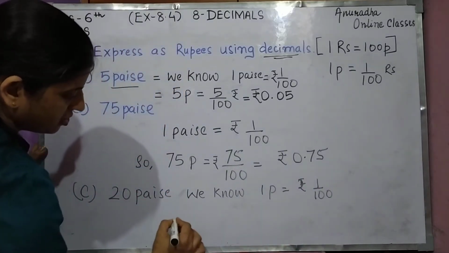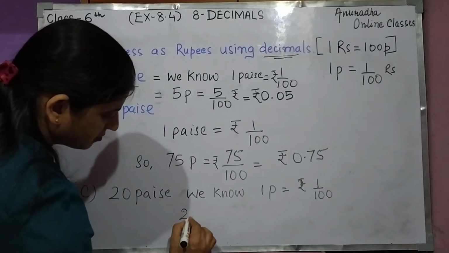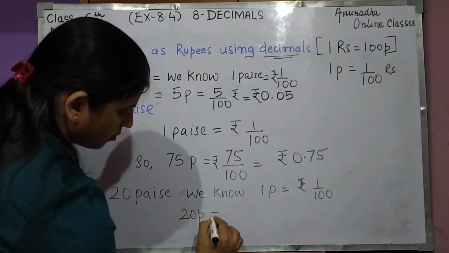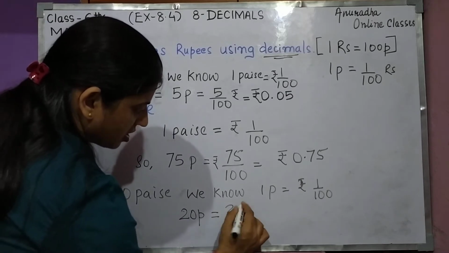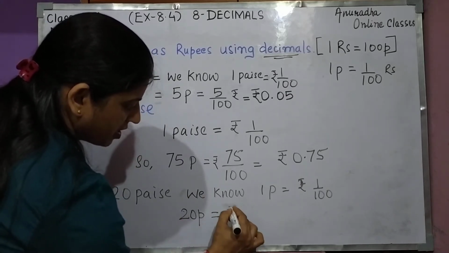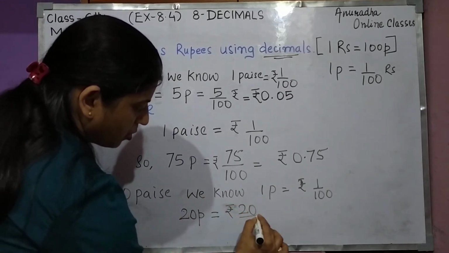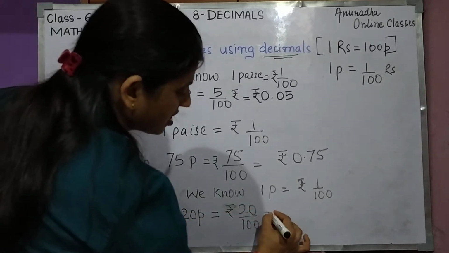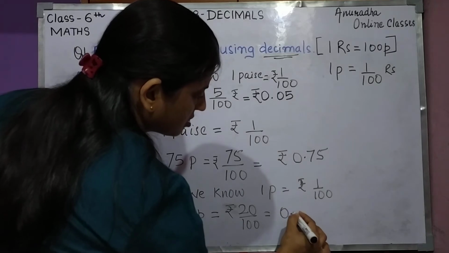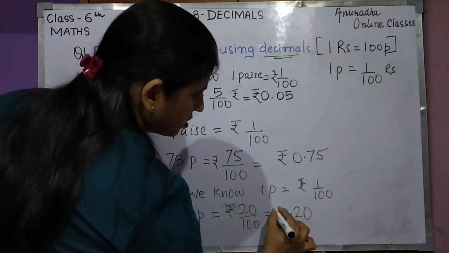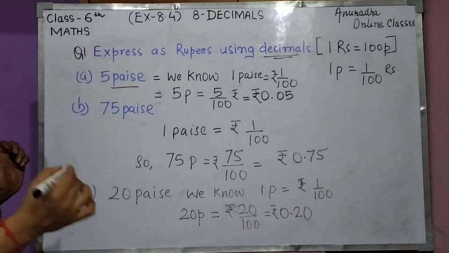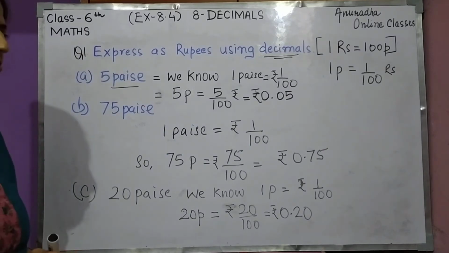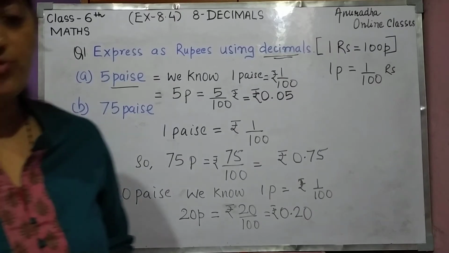That means 20 paisa is equal to rupees 20 upon 100, पहले कर लें. That means 20 hundredth. That is equal to 0.20. This is rupees. So children, in this way you have to do the other parts.